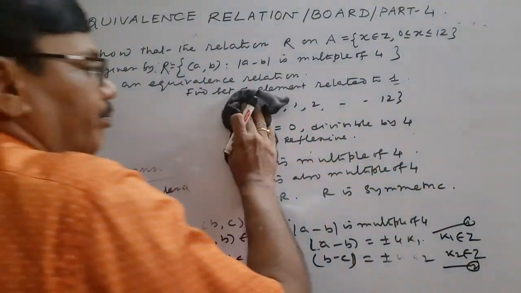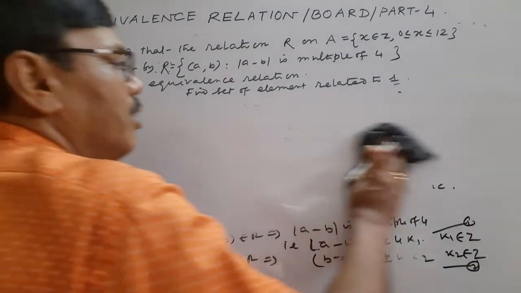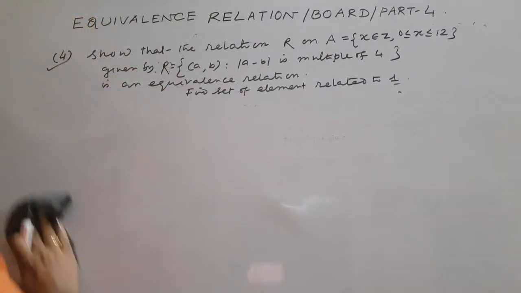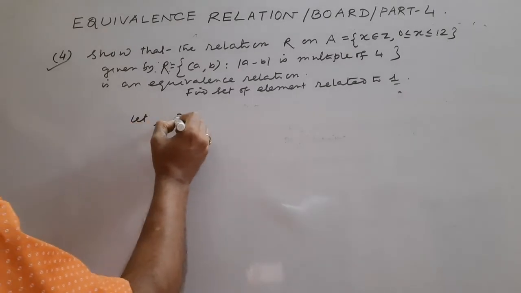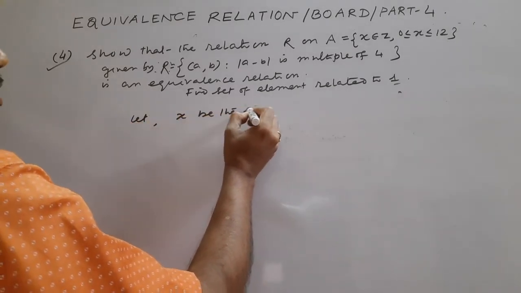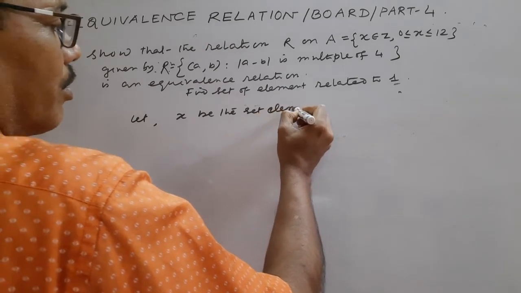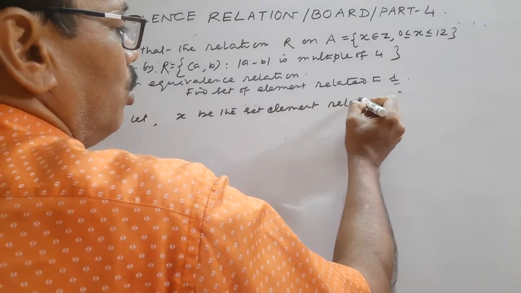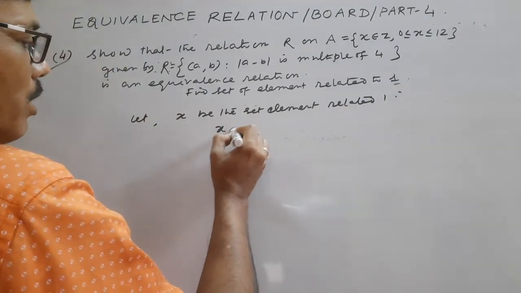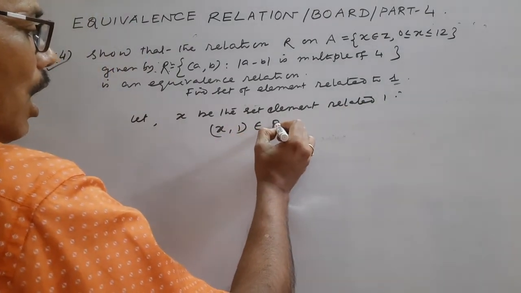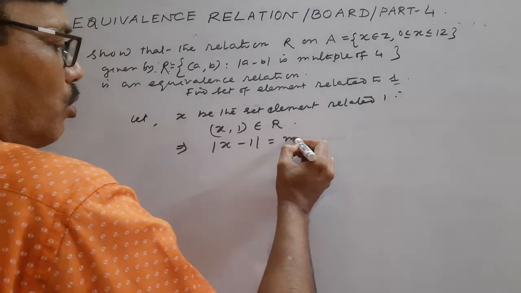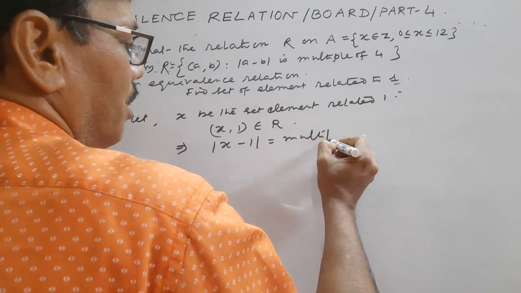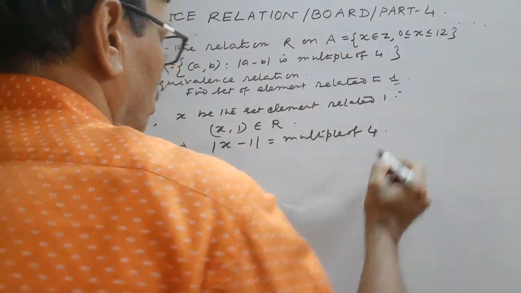Next, the second one. Find the set of elements related to 1. Let X be the set of elements related to 1. So X1 belongs to R implies mod X minus 1 equals a multiple of 4.